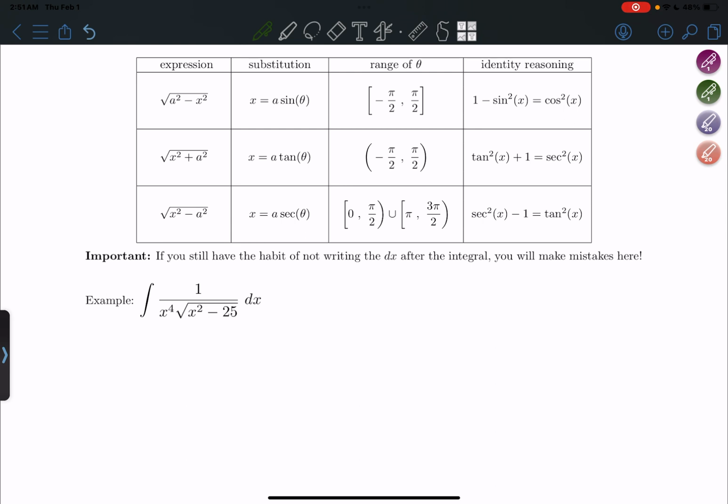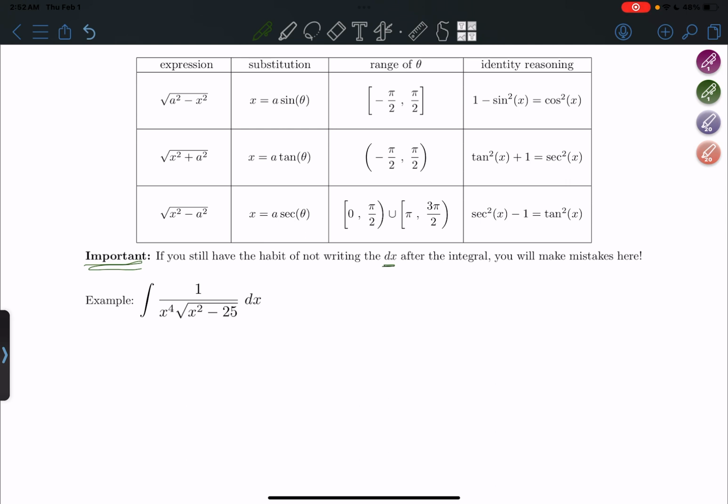Of course, important, and this is what I mentioned in the previous video: if you do not have a habit of writing down the dx or d whatever, you're definitely going to make mistakes here. I myself have suffered through that many times due to laziness. This is a math person's worst enemy, essentially: laziness and hand-waviness a lot of times. So do be careful on that.